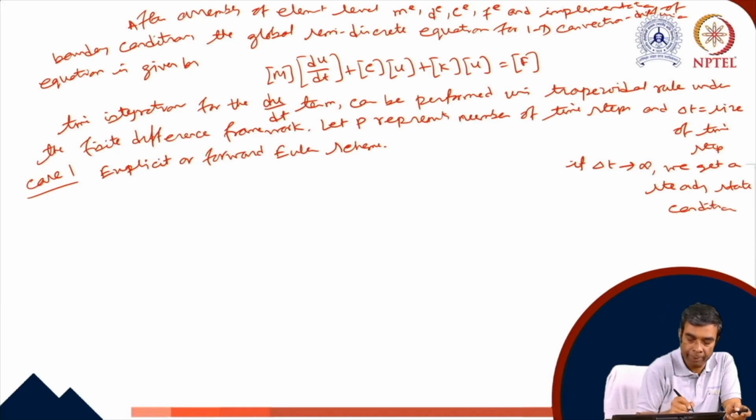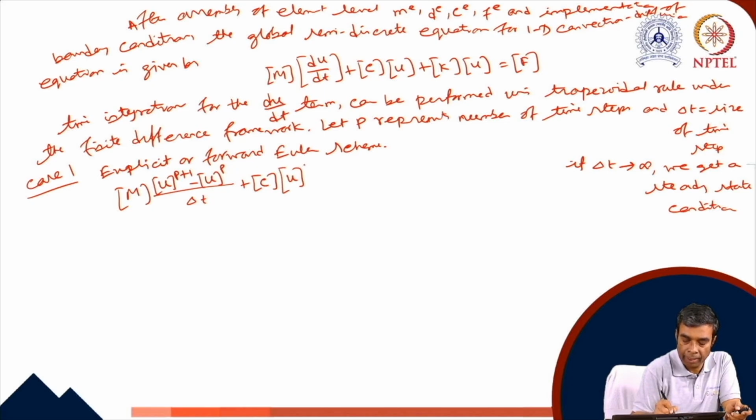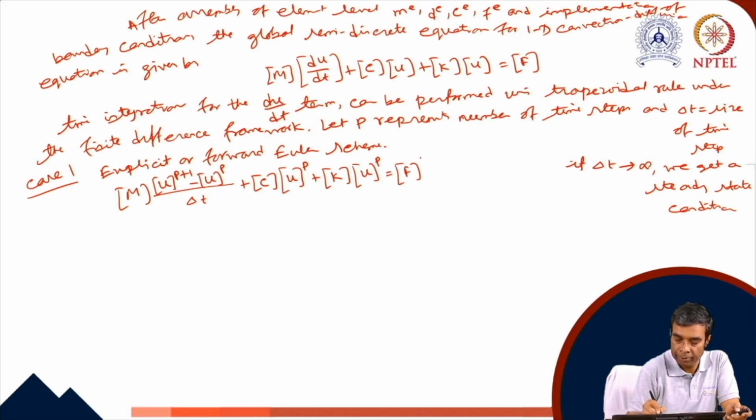Now, for the explicit scheme, we can write the above generic expression as M times u vector at p plus 1 minus u vector at the pth level divided by delta t, plus the convection matrix multiplied by the degree of freedom at the known or the pth level, plus the diffusion matrix and the degree of freedom again at the known or pth level, equals the load vector at the pth level.